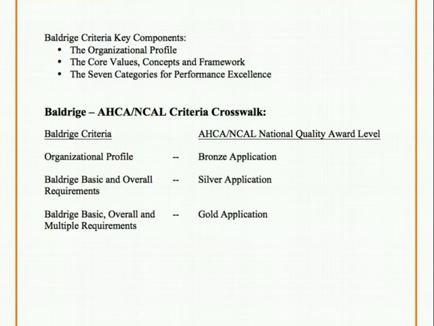The Baldrige basic and overall requirements drawn from the Baldrige healthcare criteria serve as the criteria for the silver level of application within our program. And finally, the full healthcare criteria, including basic, overall, and multiple requirements, serves as the criteria verbatim for our gold level of application.